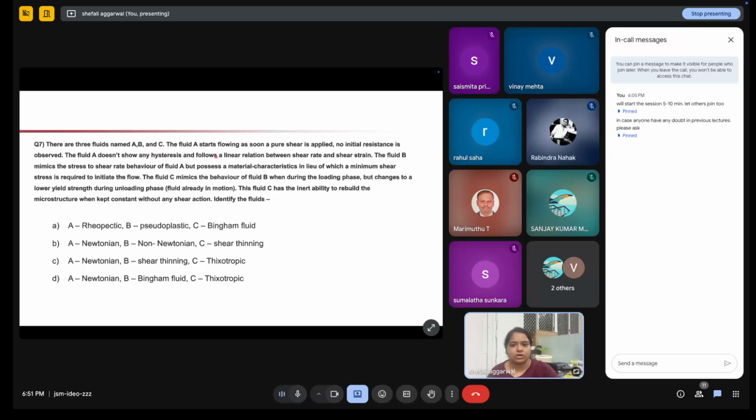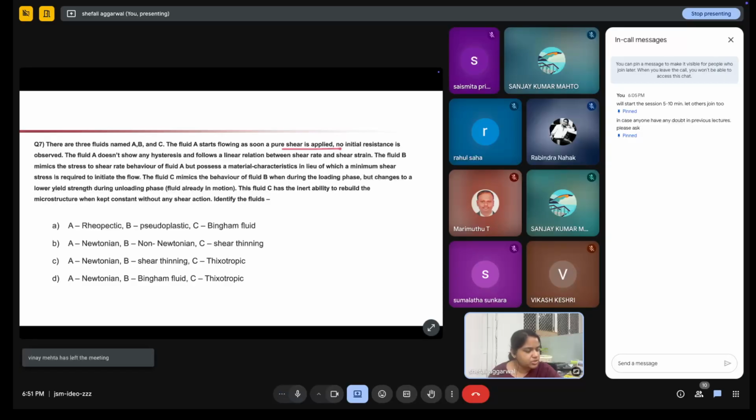See, first we will talk about fluid A. In fluid A we are told that when shear is applied it will start, it won't have any resistance and it will show a linear relationship between shear rate and shear strain rate without any initial resistance.